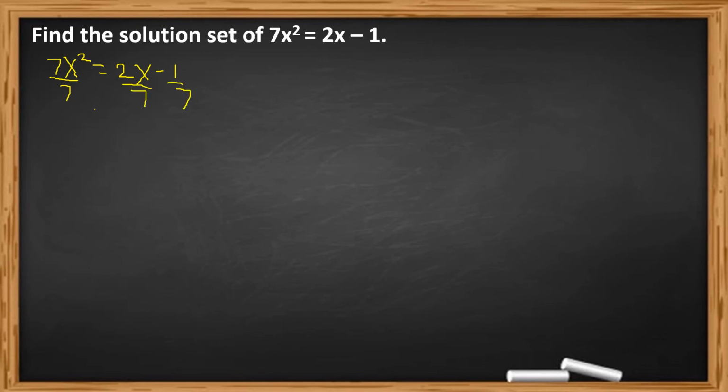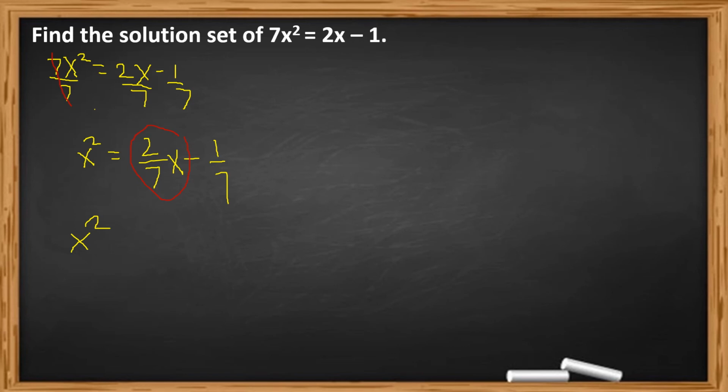Dapat 1 ang numerical coefficient dyan sa quadratic term. No? So, divide na natin sa 7 lahat, kaya x squared na lang ang naiwan dyan equals 2/7 x minus 1 over 7 na. Now, so, i-transpose na natin yung isang term, which is the linear term, doon sa left side of the equation.